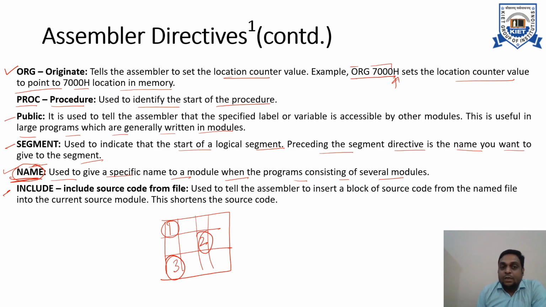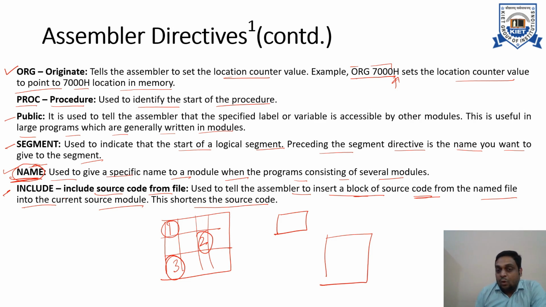The last is include. This directive is used to include some source code from a file. It is used to tell the assembler to insert a block of source code from the named file into the current source module. This shortens the source code. For example, if we have already written a code earlier and that code is also used in our current program, then by using this include directive, we can call that program directly into our current program.